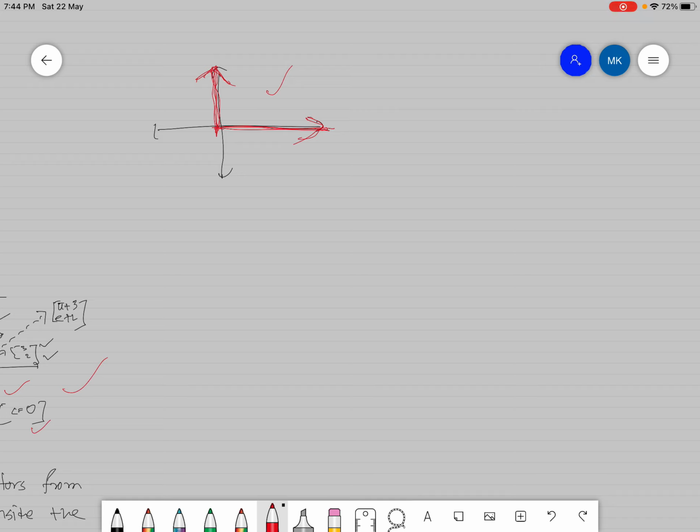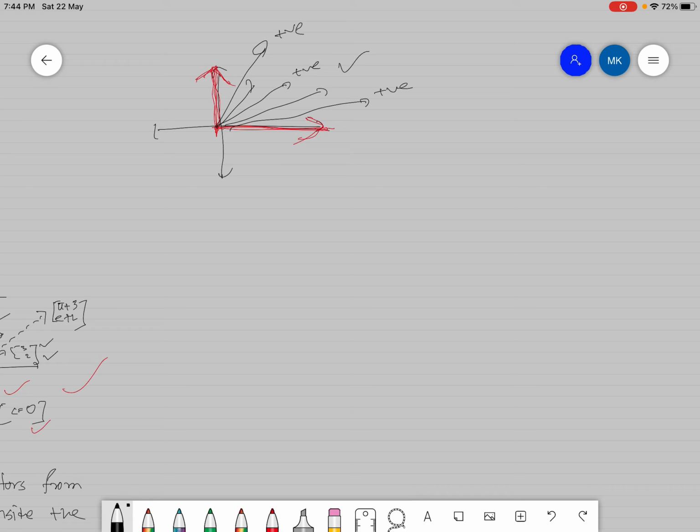This quadrant has infinite number of vectors, and all these vectors are positive. So if you take addition of any two vectors, that would stay inside this vector space, so that's fine, all right.